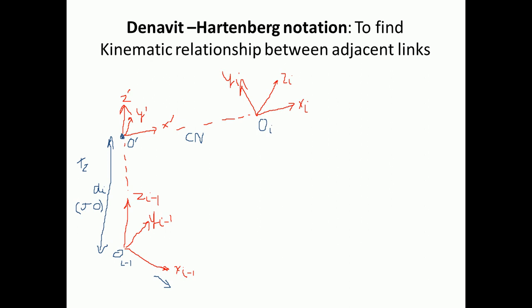Now what we have to do, we have to rotate about z axis by some value, so that this x i minus 1 axis is going to be parallel with this x dash, and when I rotate this x i minus 1 axis to keep it parallel with x dash, I am going to represent this angle by theta i, and it is called the joint angle.